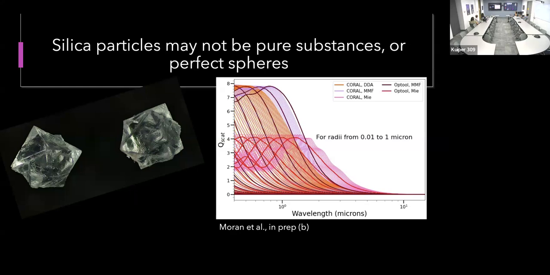And so how might that affect things if these are in the clouds? This is just an example of a MIRI code versus treating spherical, non-spherical aggregate particles, and that you really dramatically shift the peak and the amplitude of scattering and absorption and extinction.